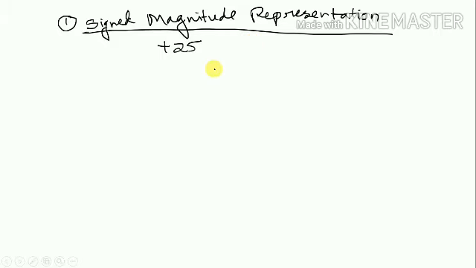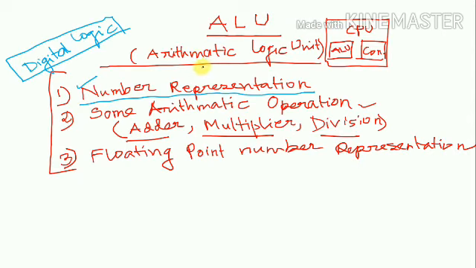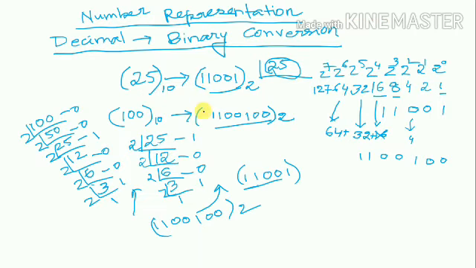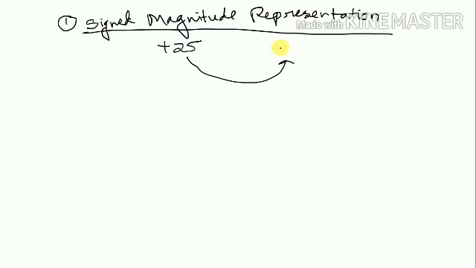Clear? Plus 25. So you have to convert the 25 in binary format. So what is the binary of 25? The binary of 25 was 11001. So this is the representation of 25, but it is a plus 25.